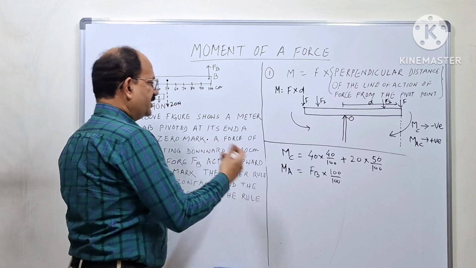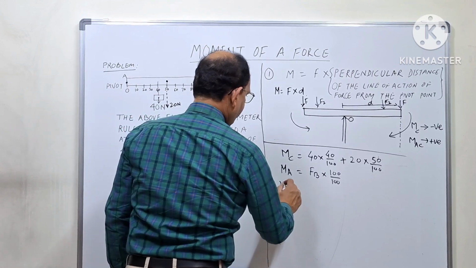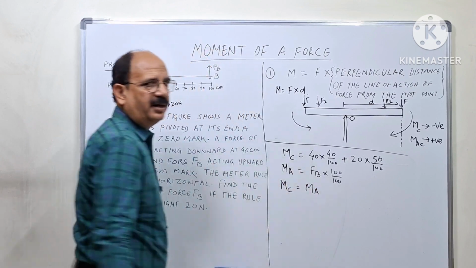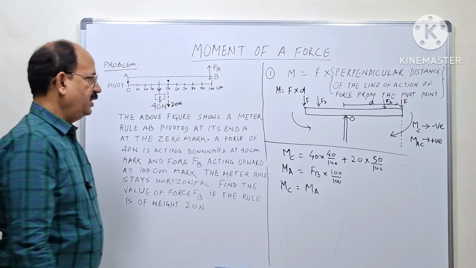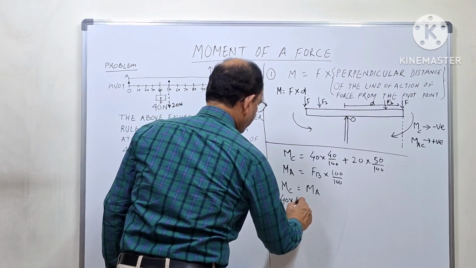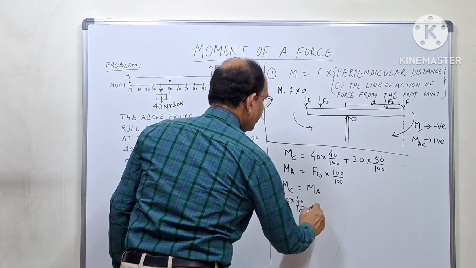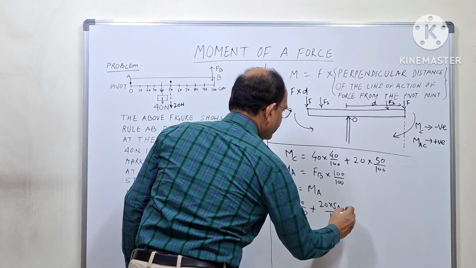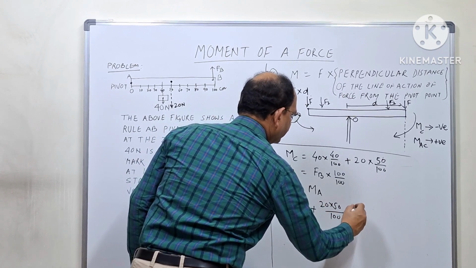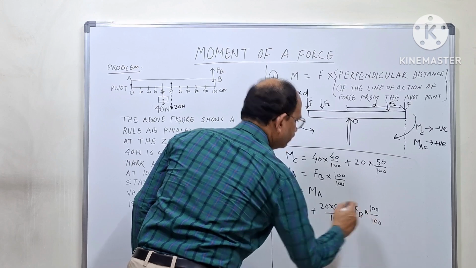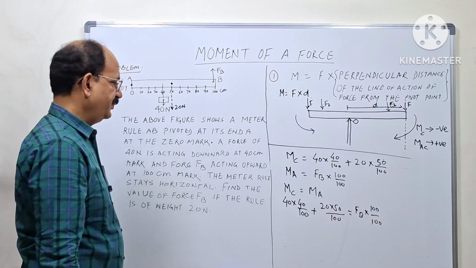Now, as per the principle of moments, moment in clockwise direction must be equal to moment in anti-clockwise direction. Therefore, 40 multiplied by 40 by 100 plus 20 multiplied by 50 by 100 must be equal to FB into 100 by 100. Correct?